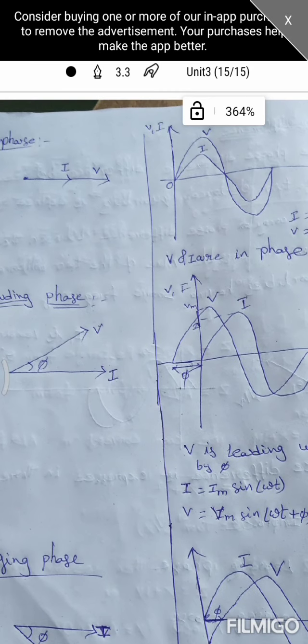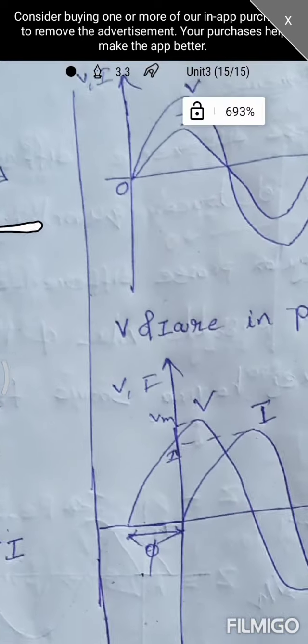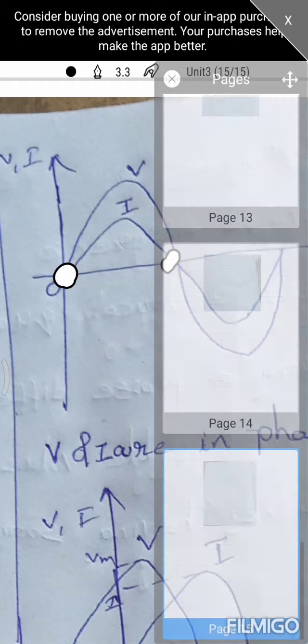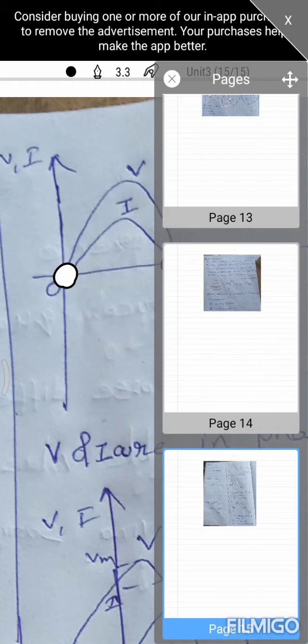So let us consider this is the in phase. In phase means if we draw the vector diagrams, voltage and current are in phase. That means there is no phase difference. If you observe the waveform, these two start at the same point, meet again at the same point, and end at the same point.